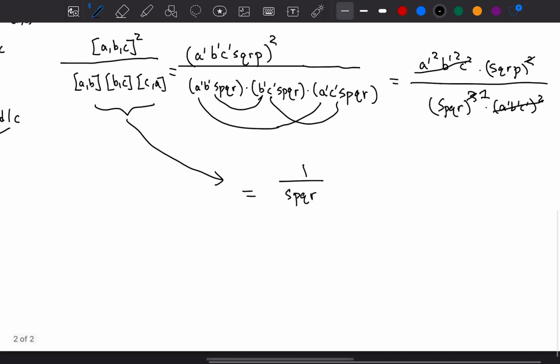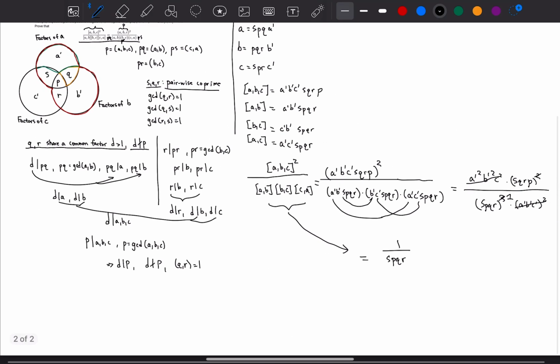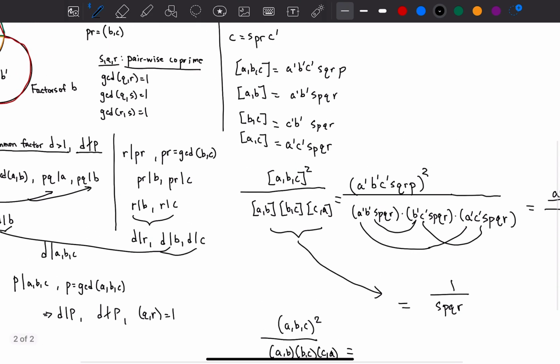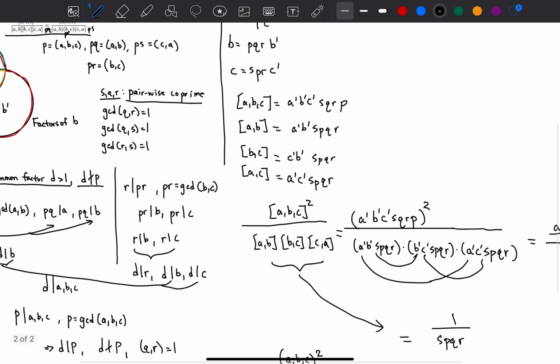Okay, on to the right side. The right side we have the GCD of A, B, C squared over the GCD of A and B times the GCD of B and C times the GCD of C and A. And this, we can just go back to our previous notes to see that they are right over here. They are so convenient for our usage.